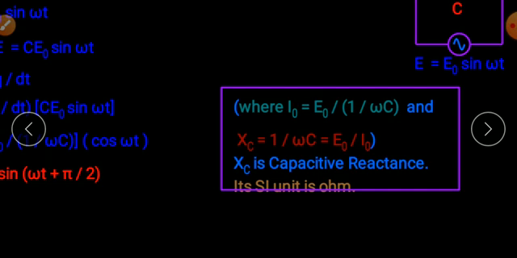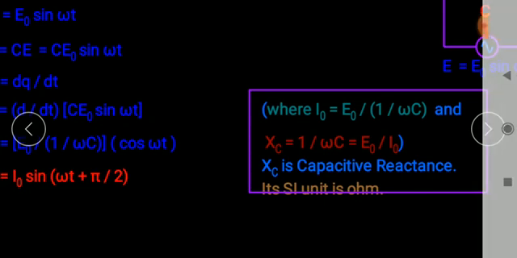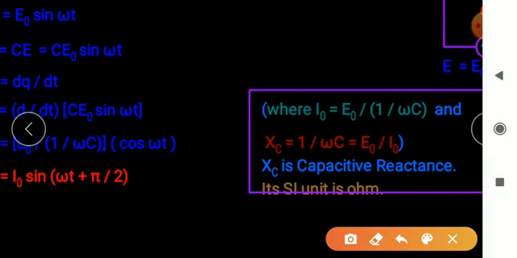Clearly, capacitive reactance varies inversely as the frequency of the AC and also inversely as the capacitance of the condenser. In DC, we know that F is 0.